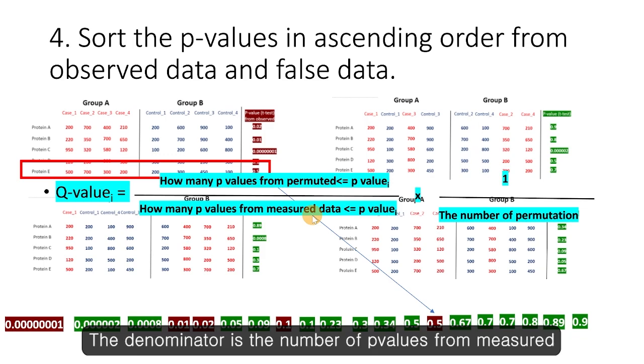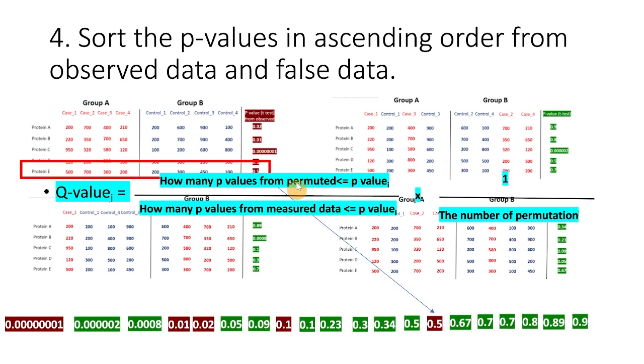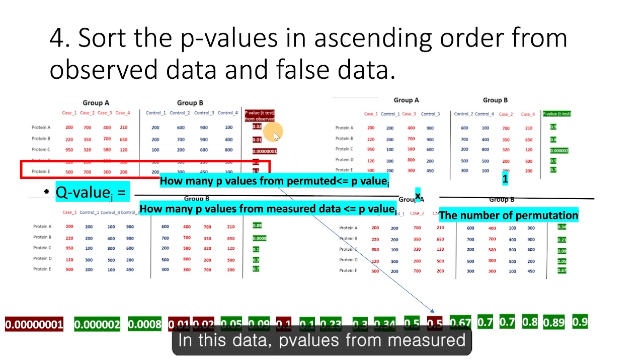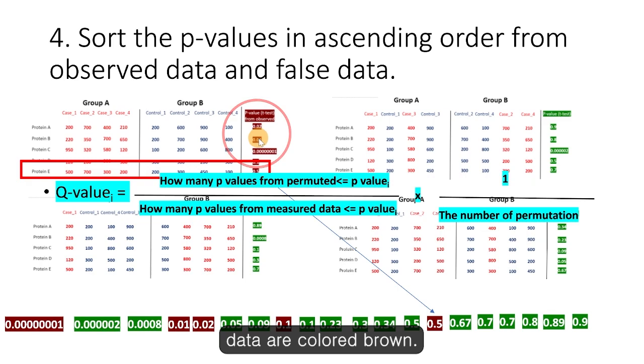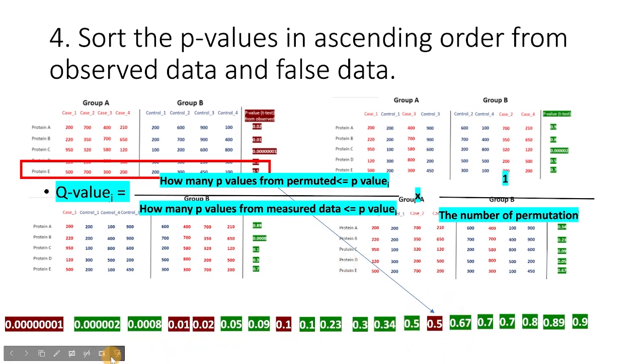The denominator is the number of p-values from measured data less than the p-value of the protein which I want to get. In this data, p-values from measured data are colored brown. How many p-values from measured data are less than 0.5? 1, 2, 3, 4. 4.